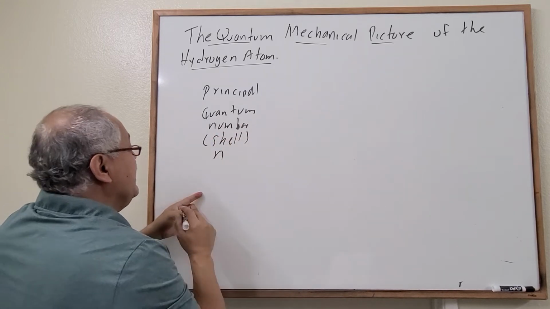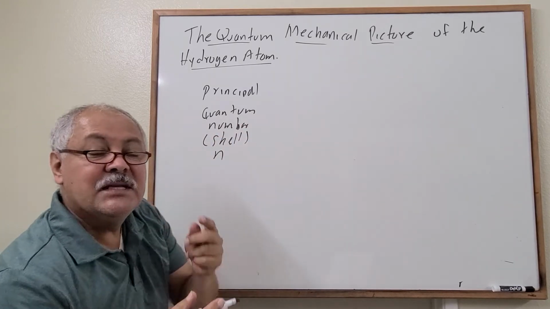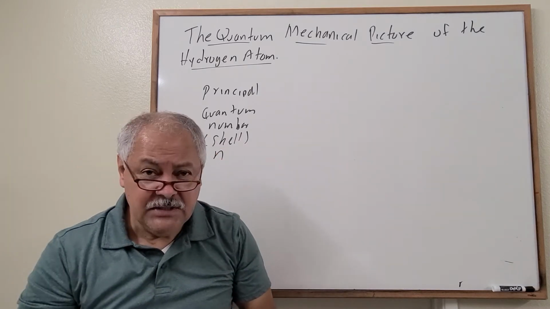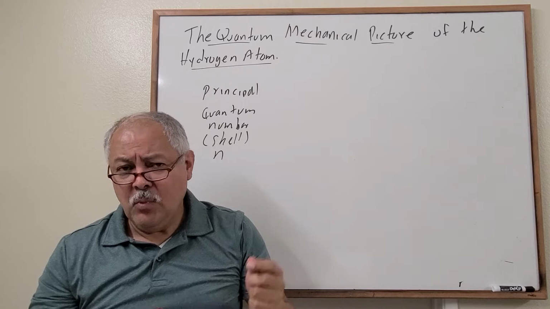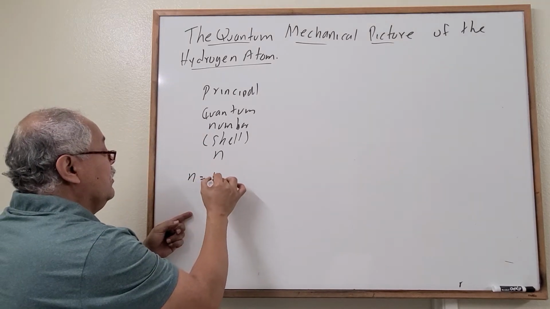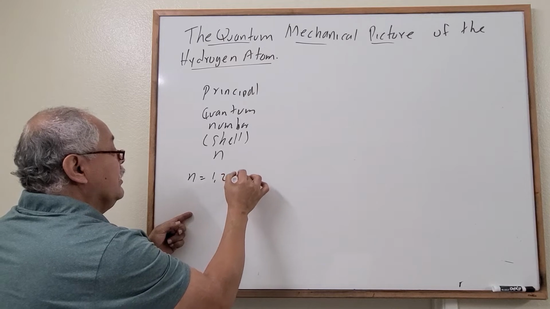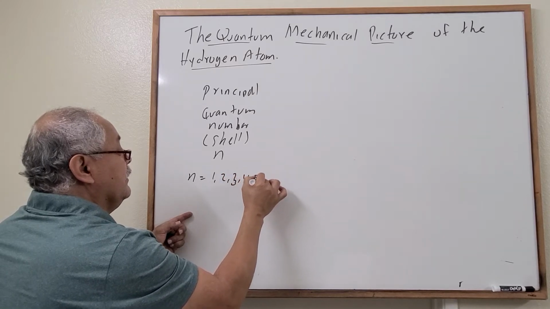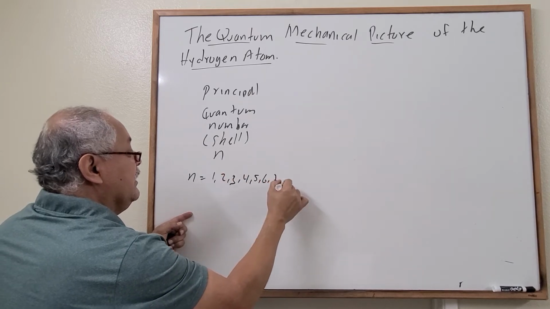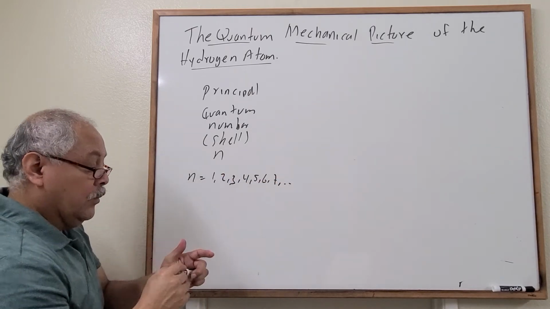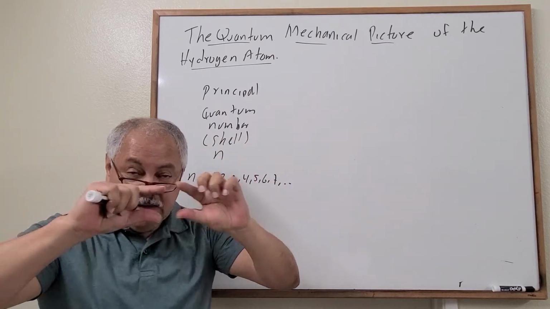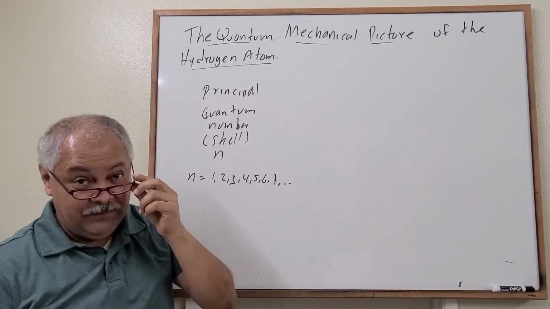The symbol is N, and N can take any value from 1 to infinity, but according to our periodic table, it goes from 1 to 7. So N usually goes from 1 to 7. You can take more values, of course, but the maximum in the periodic table, we have 7 periods, so N equals 7.